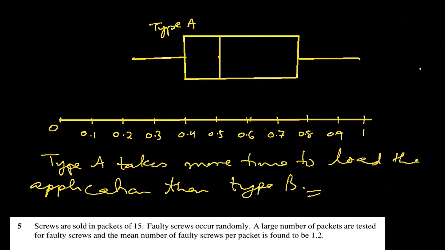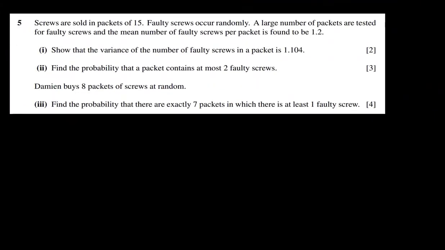Okay, question number 5. Screws are sold in packets of 15 and faulty screws occur randomly. A large number of packets are tested for faulty screws and the mean number of faulty screws per packet, that's important, per packet, is found to be 1.2.